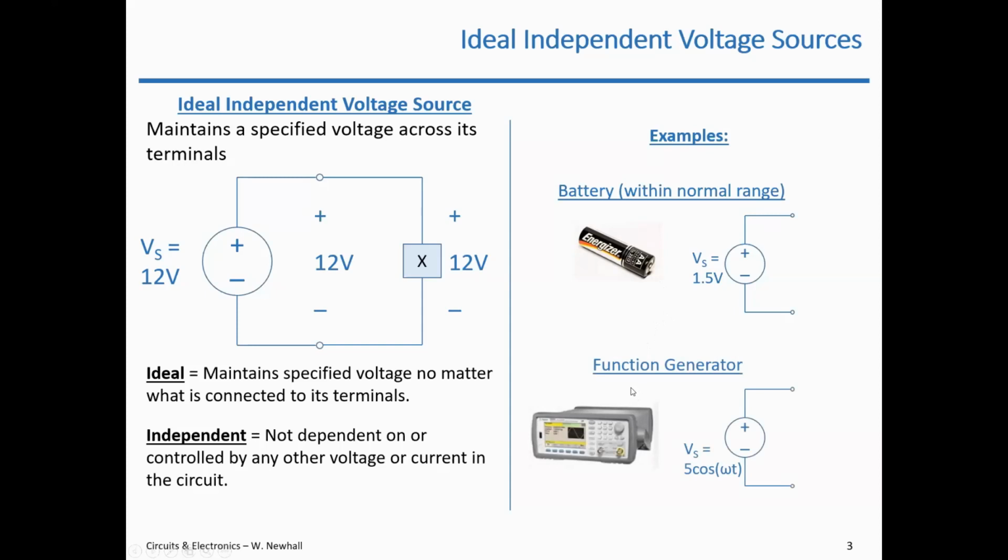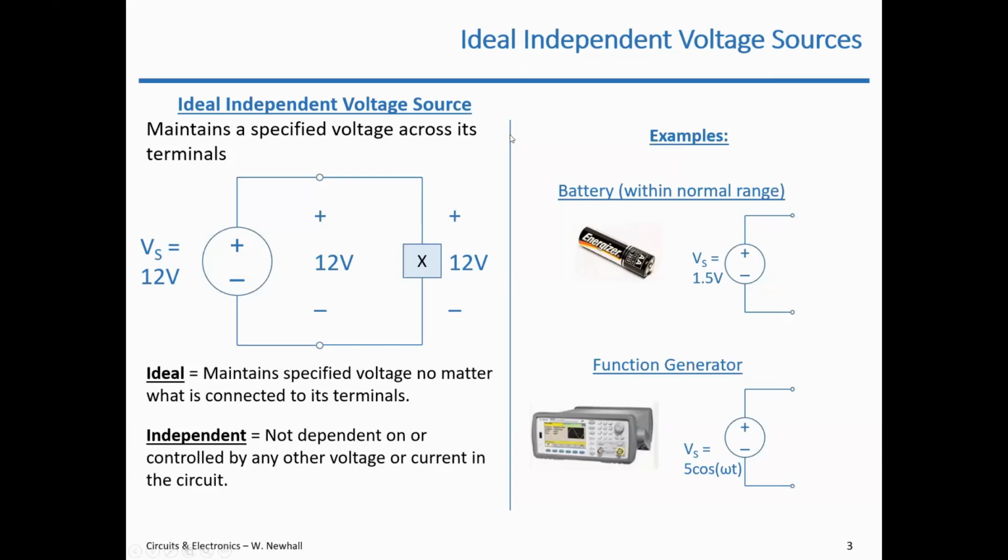Another example, an AC source example, is a function generator. You'll see these in electronics labs. They create sine waves and square waves and triangle waves. They maintain, again, within a normal range, a voltage across their terminals. So there are two examples here, a DC source and an AC source. This is an ideal independent voltage source.